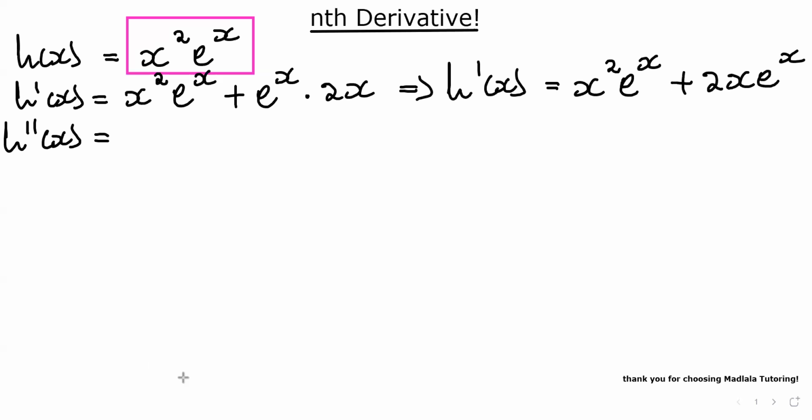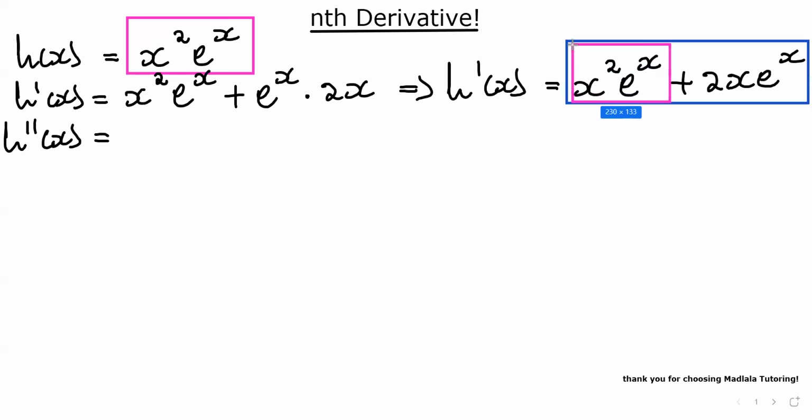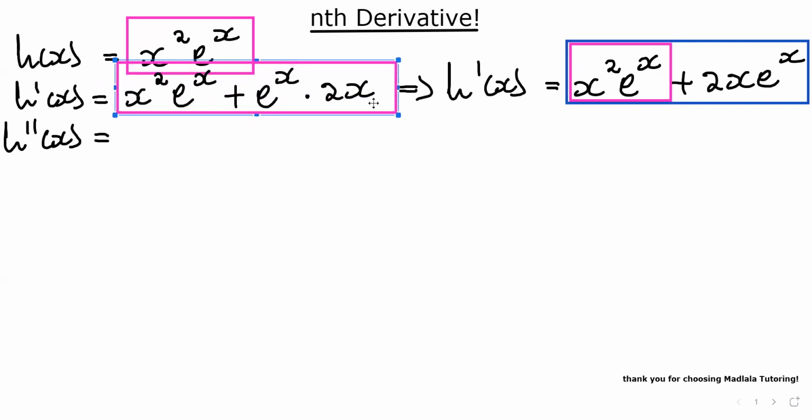So now we are simply going to differentiate this part, right? Okay, fine. If we look at the first part, it's still the same as the original function. So it stands to reason that the derivative of this part is just going to be exactly the part that you see here.